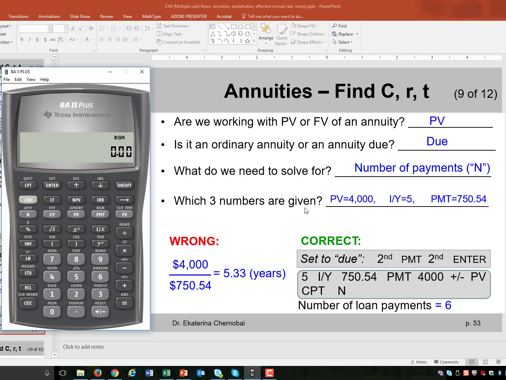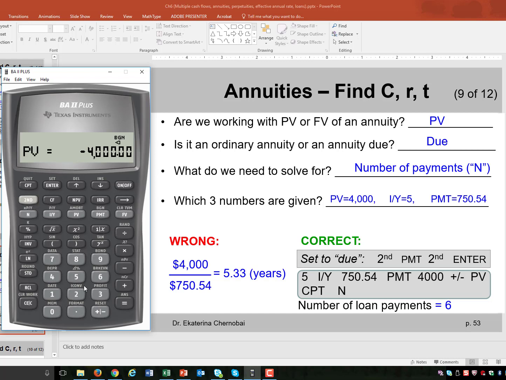And enter the 3 numbers which are given. $4,000 is your loan amount, which is always the present value of all loan payments that will follow in the future. So you want to change your sign to negative and then save it as PV.